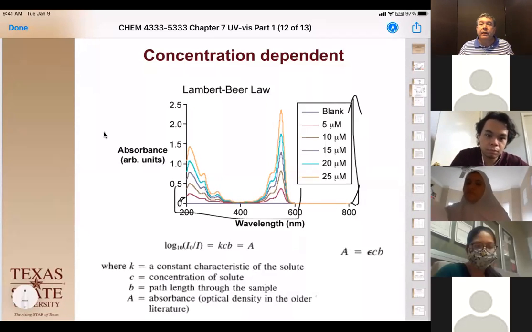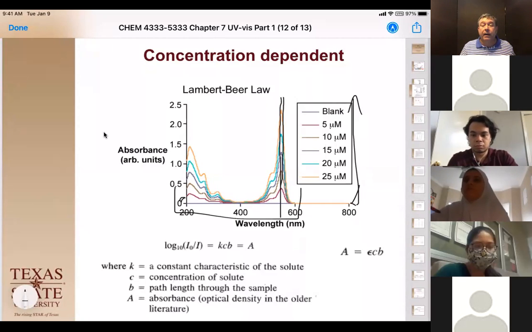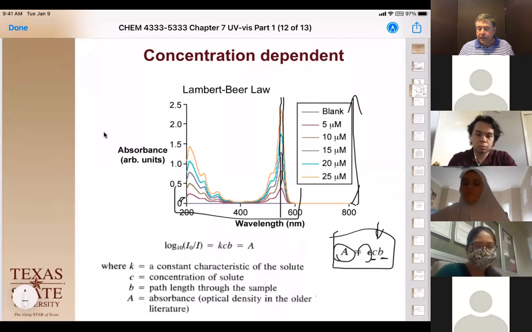By varying the concentration, you follow one particular frequency or wavelength right here, and you measure the distance of that and you graph it. And when you graph it, you get the absorbance of the material times the extinction coefficient, the concentration, and the path length. So the concentration is changing, the absorption is changing, and the path length is remaining the same, which means when you graph this here, you should get a slope of a line that correlates to your extinction coefficient.